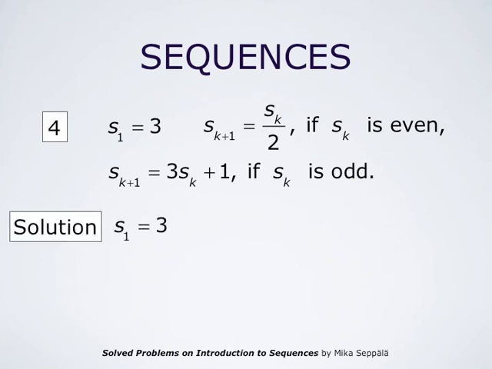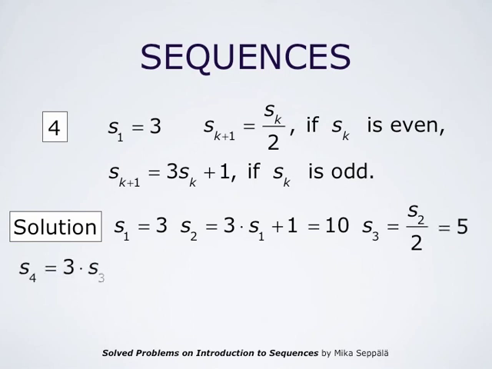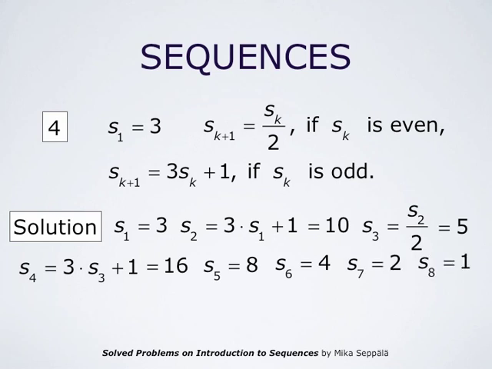We have s_1 is 3, 3 is an odd number, so s_2 is 3 times s_1 plus 1, which is 10. 10 is an even number, so s_3 is s_2 divided by 2, which is 5. 5 is an odd number, so s_4 is 3 times s_3 plus 1, but s_3 is 5, so 3 times 5 is 15 plus 1 is 16, so s_4 is 16. s_5 is 8, s_6 is 4, s_7 is 2, and s_8 is 1.